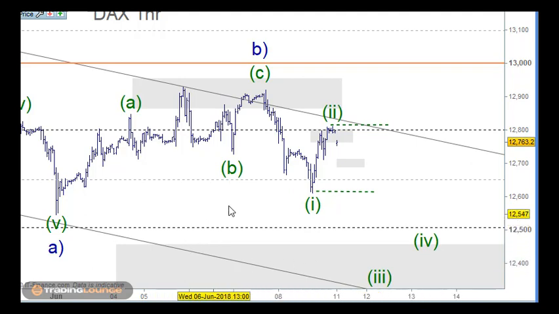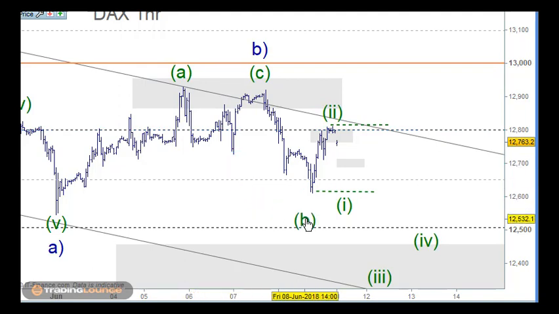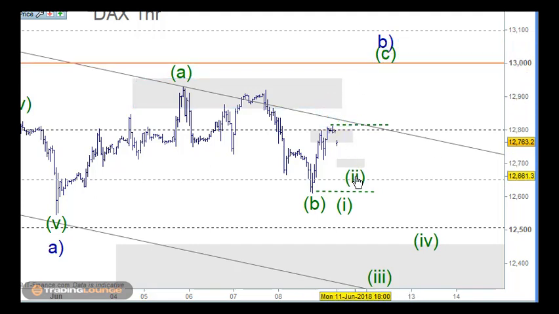But what we're concerned about is that this whole correction can be viewed also as an A wave up to here, a B wave down to here, and a C wave over to here for this B wave, which would mean that this would be swapped around. Well, not really. Let's just grab the right degree of structure here.